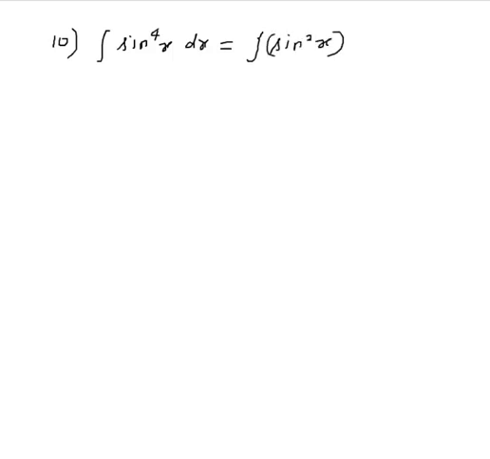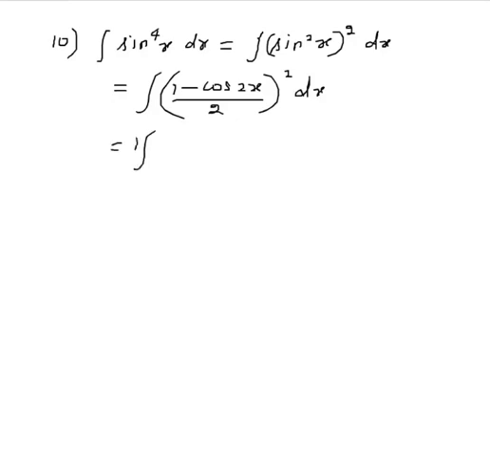We can write sine power 4 as sine square x the whole square dx. And sine square x is 1 minus cos 2x divided by 2 the whole square. The denominator 2 square becomes 4, which can be removed outside, and 1 minus cos 2x the whole square.